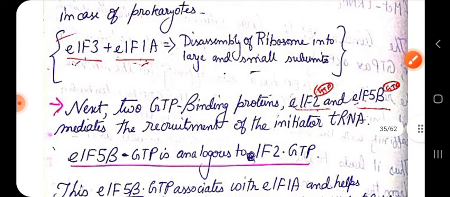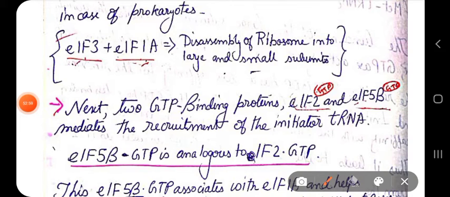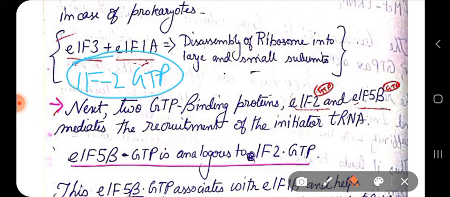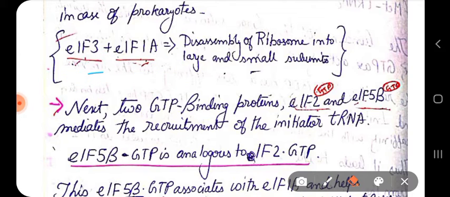Next, there are two GTP-binding proteins in eukaryotic translation initiation. We have seen that in prokaryotic translation initiation there was only one initiation factor, IF2, which has GTPase activity. But in eukaryotic translation initiation, there are two GTP-binding proteins, known as eIF2, which I have written here with GTP, meaning it is attached to GTP, and eIF5B.